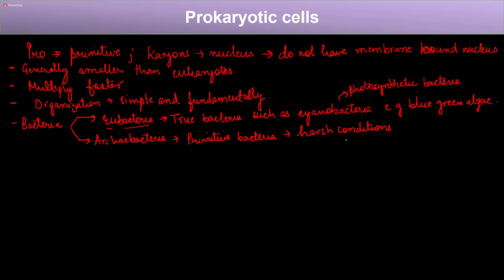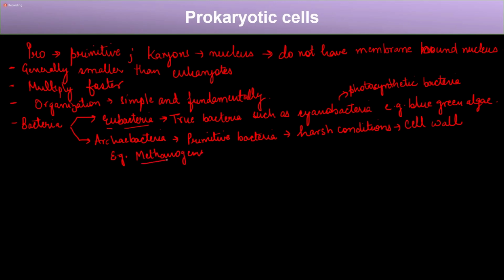They can survive in these conditions because of the presence of a special kind of cell wall. So their cell wall is responsible for their survival in harsh conditions. An example of archaebacteria is methanogens.